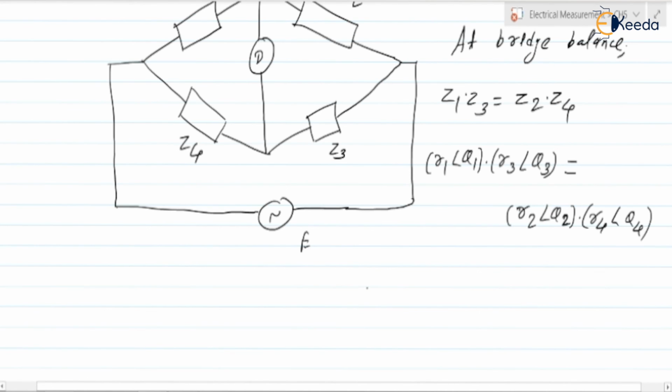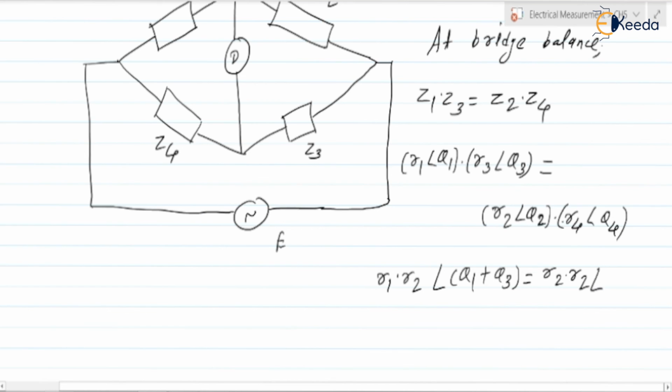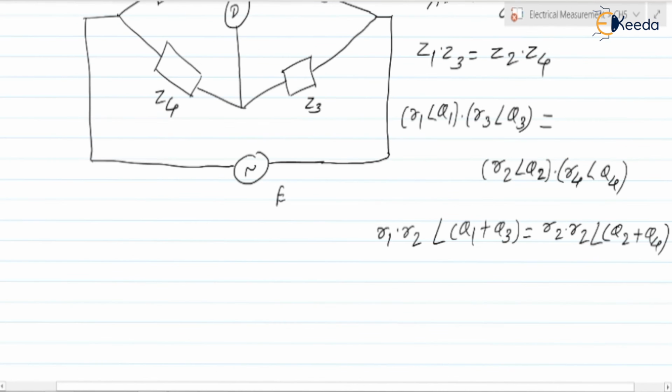Now how to simplify it? We can write R1 into R3 at angle theta 1 plus theta 3 should be equal to R2 into R4 at angle theta 2 plus theta 4, since in the product of polar forms the angles are added. So the magnitudes of the impedances, R1 R3, should be equal to R2 R4.